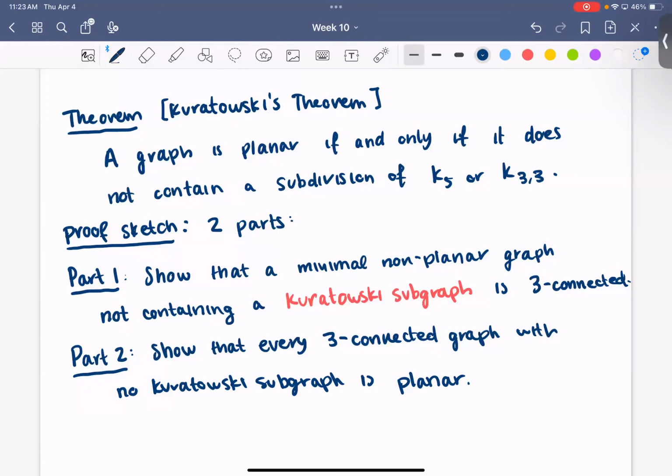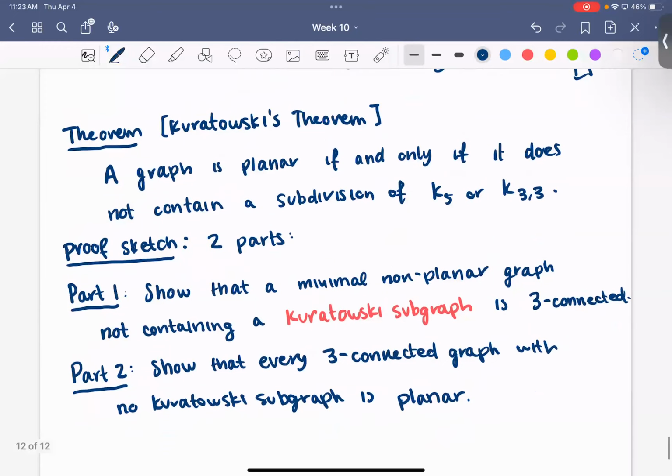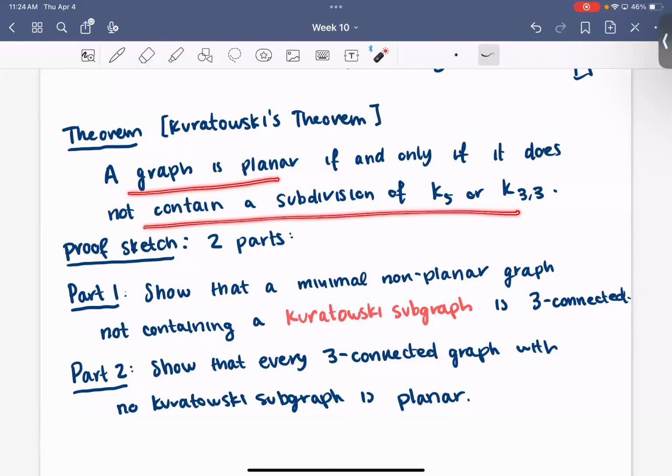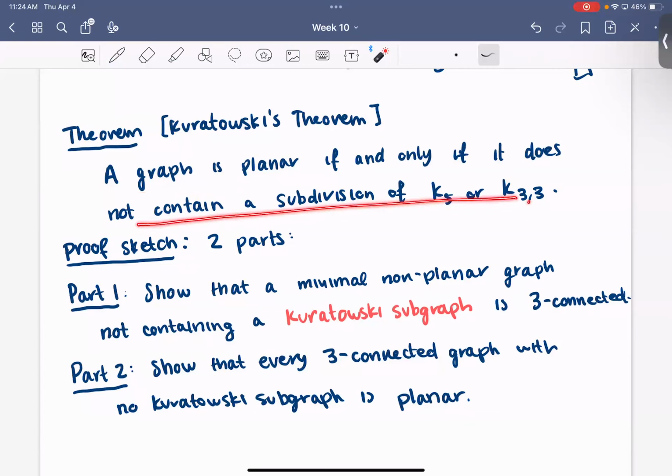Okay, so recapping the logic here. We already proved that if you are planar, you do not contain a Kuratowski subgraph. That was the previous result. Now we need to prove that if you do not contain one of these, then you're planar.